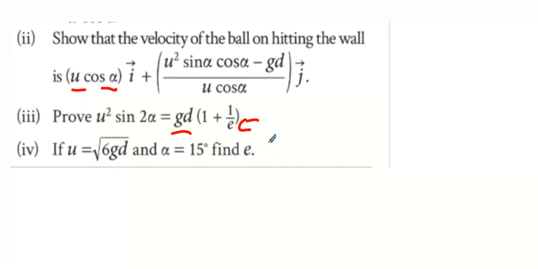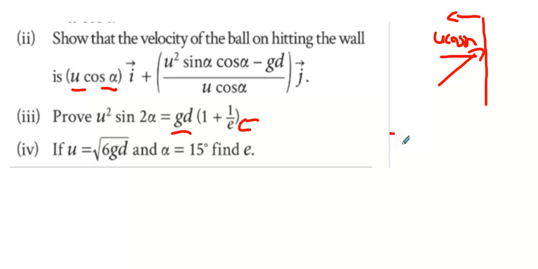Is that all right? Next piece of information is there's a g and a d still there. Right, so here's what I'm thinking. I'm thinking it's after the rebound. I'm thinking it comes in at what? It comes in at u cos a, yeah? u cos a is the one that hits the wall. And what happens when it hits the wall with u cos a? What does it rebound back with? e u cos a, in the opposite direction.